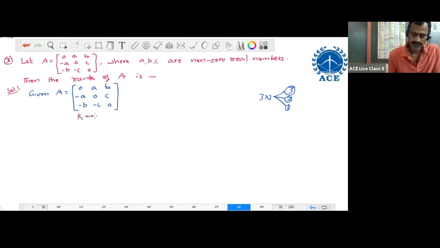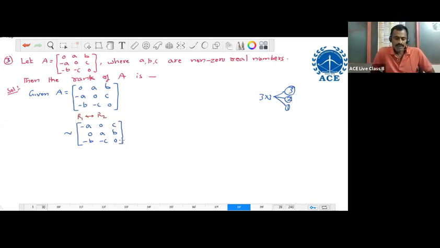Let us interchange R1 and R2 so that we get the first element as a non-zero number. This is equivalent to minus a 0 c, 0 a b, minus b minus c 0. Now along the first column, the first element is a non-zero number. Using this, we can make this element 0.